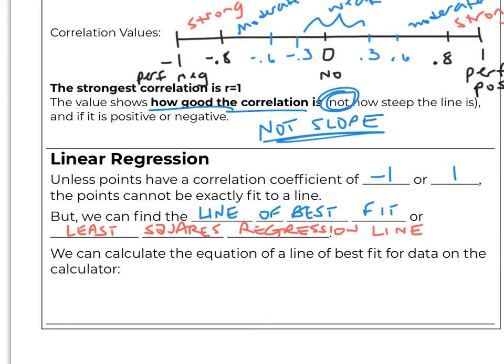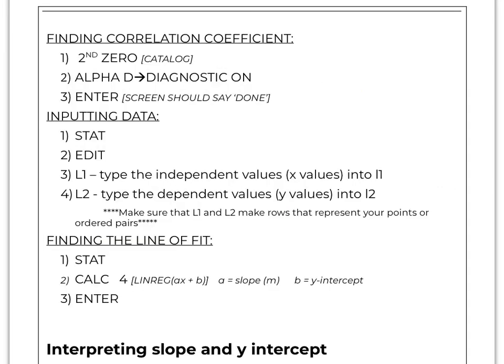And we can calculate this on the calculator. So here are some beautiful calculator steps. Now, this first step, you only need to do one time after you've cleared your calculator, and it'll stay on. Why don't they just have this as a default turn on? I have no idea. And this is so that I can see my correlation coefficient, which I don't think I mentioned, is represented with an R. If you don't see R when you do the last steps down here, that means you need to turn your diagnostic on.